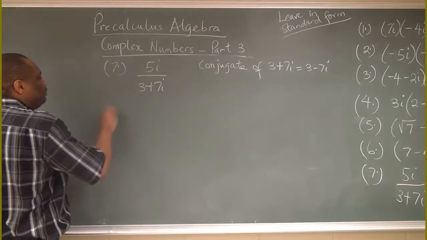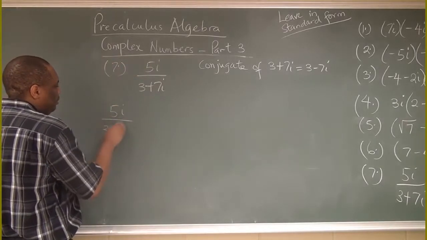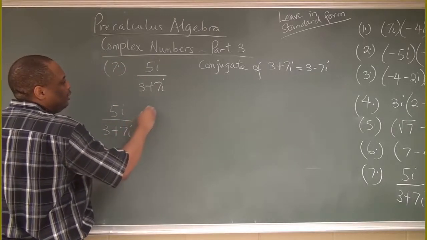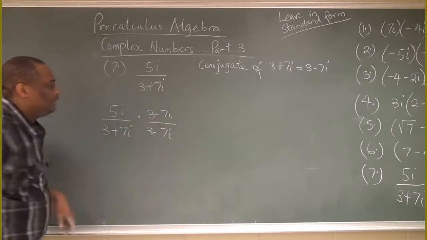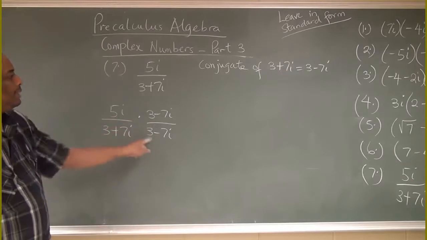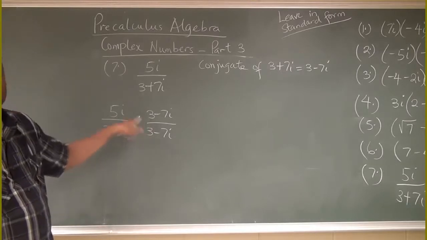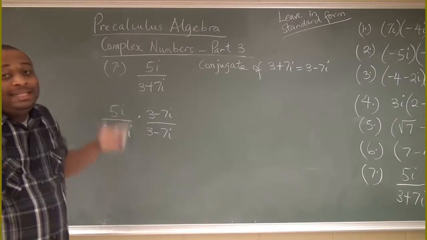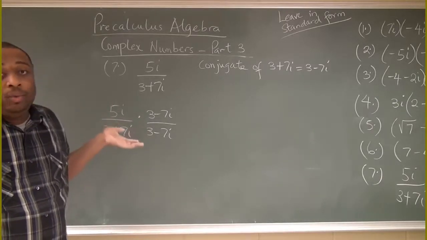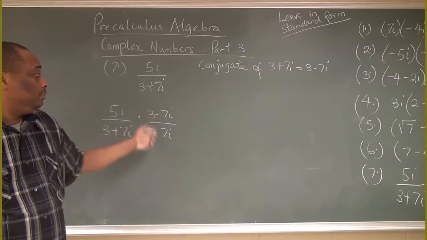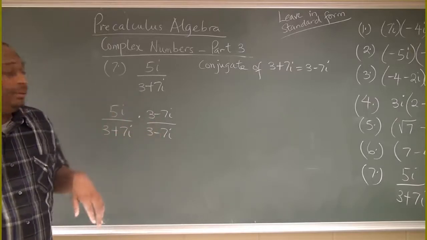So what we do now is multiply both the numerator and the denominator by the conjugate of the denominator. So you see that? We multiply both the numerator and the denominator by the conjugate. And this is simply as if you're multiplying by 1.